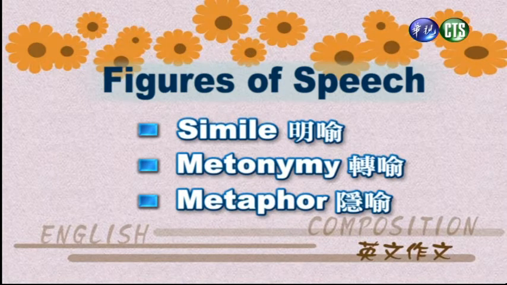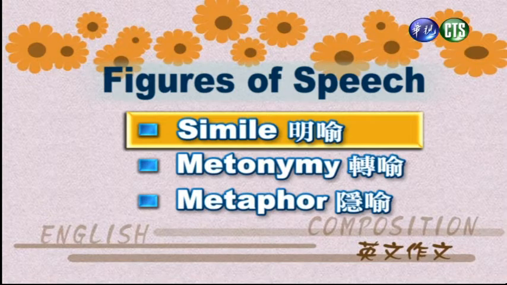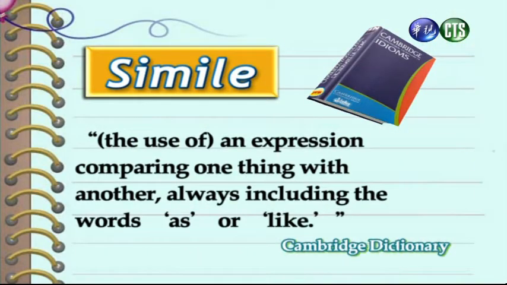All right, so now let's talk about the definition for simile first. According to a definition in the Cambridge Dictionary, a simile is the use of an expression comparing one thing with another, always including the words as or like.